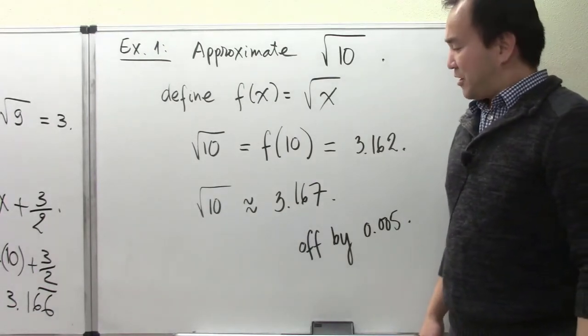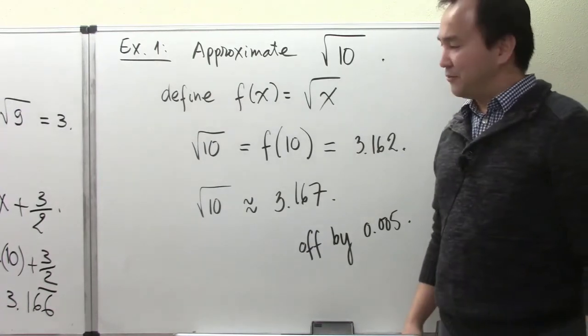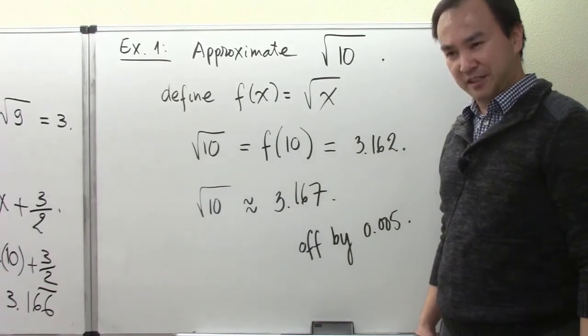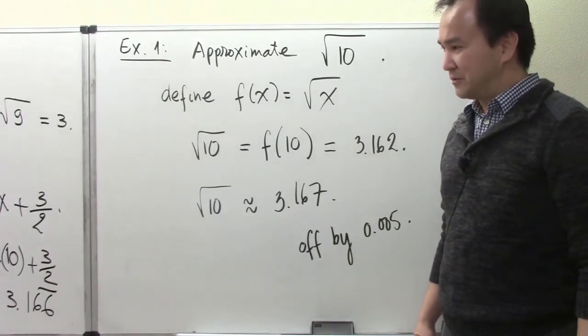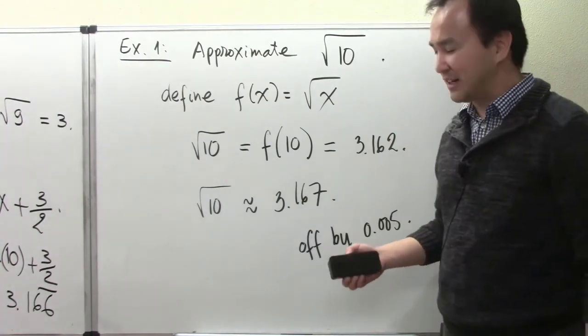Okay, so let's try another one right here. This problem is particularly good for any of my students who are planning to go into physics, who are planning to study a lot of physics. Eventually somewhere here and there you will see this kind of value.